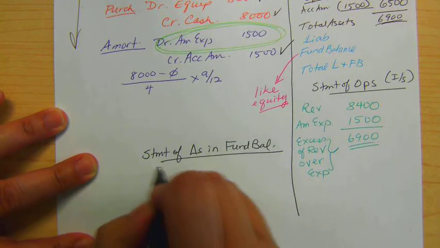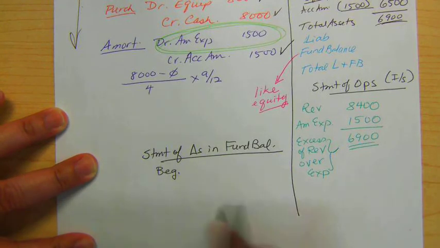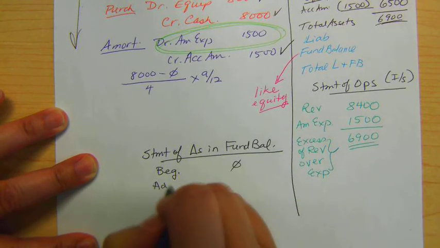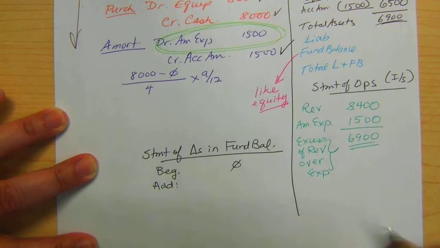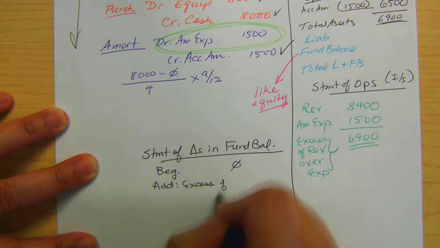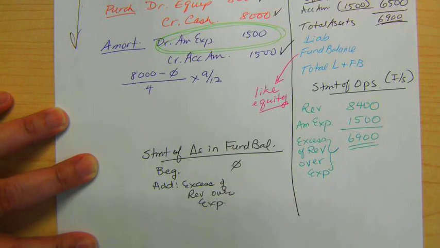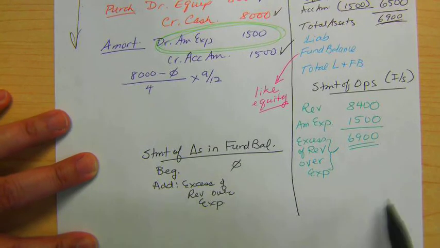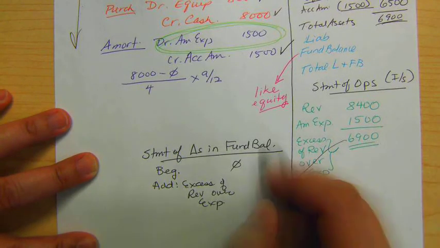You would start with the beginning, and in this case, it's 0. You would add excess, they've got to come up with a short name for that, of revenue over expenses, which in this case we calculated was $6,900.